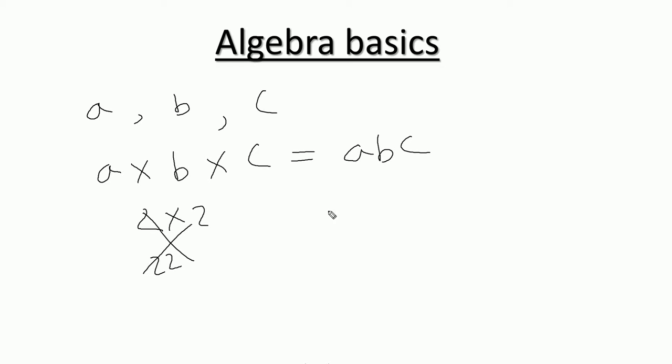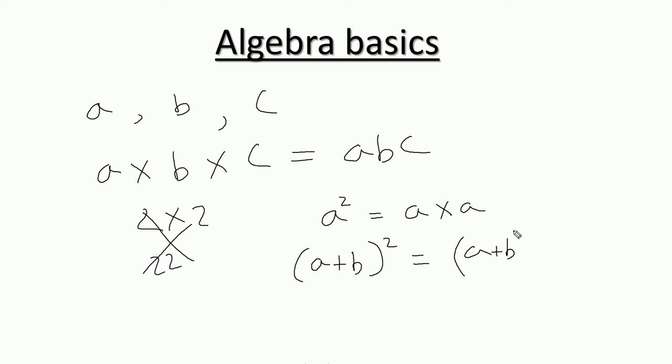Something else is, if I were to write A squared, this is equivalent to writing A times A. Now this kind of thing becomes particularly important when dealing with expressions in brackets, because if I were to write (A plus B) squared, this would actually be equivalent to (A plus B) times (A plus B). And again, in terms of notation, writing brackets next to each other also implies times.